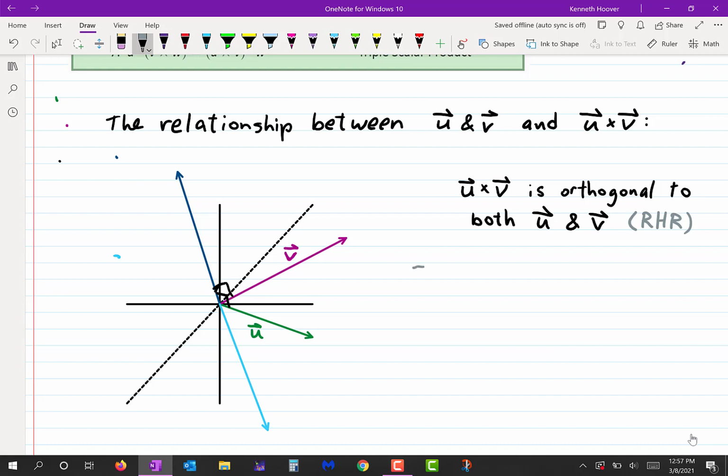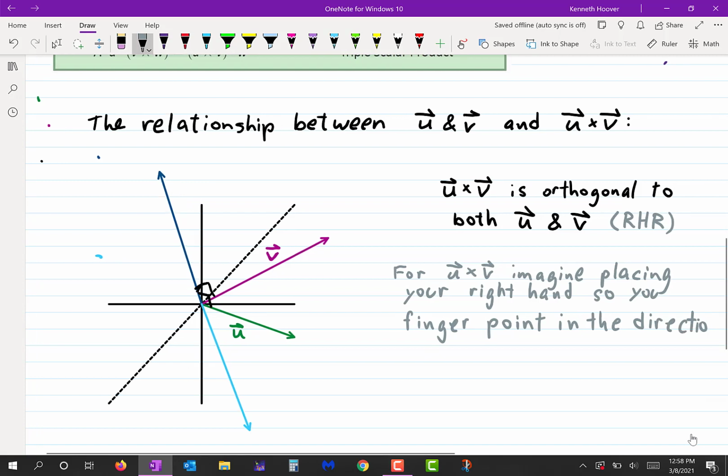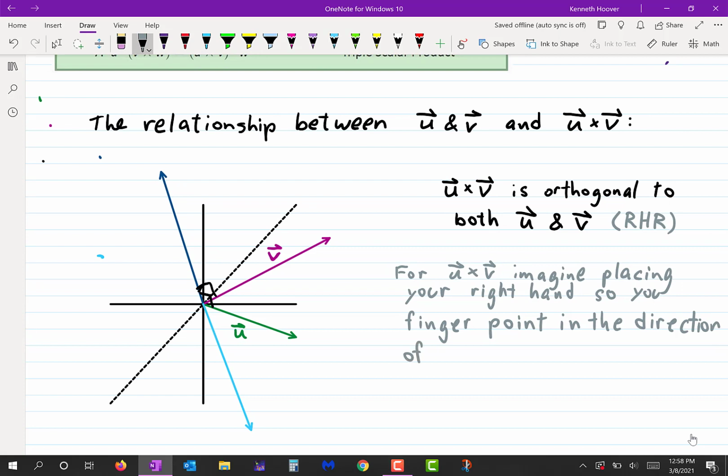Okay, for u cross v, imagine placing your right hand so your fingers point in the direction of u, and your palm faces v.